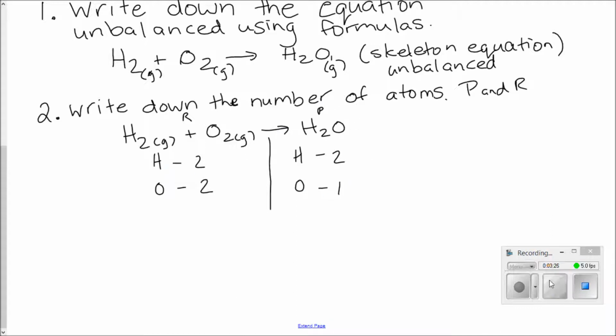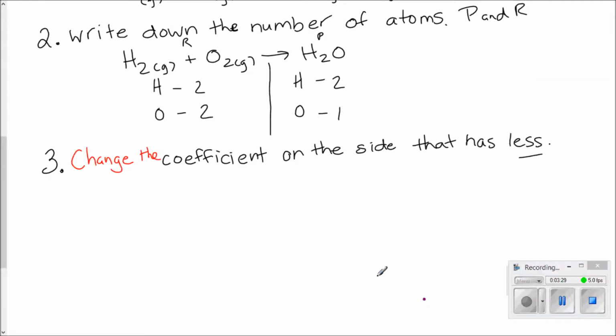It's unbalanced. Okay, next step, we have to change the coefficient on the side that has less. So obviously on the product side, I have one oxygen compared to two, so I'm going to fix that first. The coefficients are the numbers that go in front of the chemical formula. In this case, it's 1, 1, 1. I'm going to change this to 2, and that just acts like multiplication. 2 times the 1 here is 2 here, so I've balanced it.